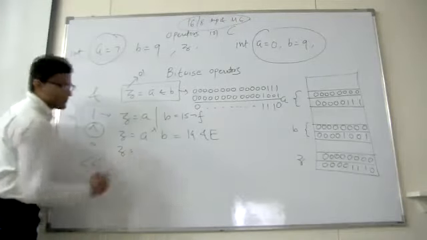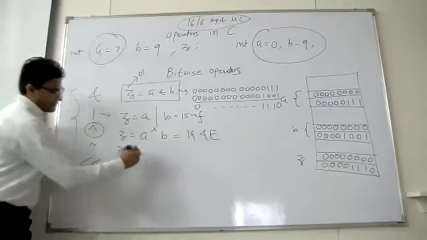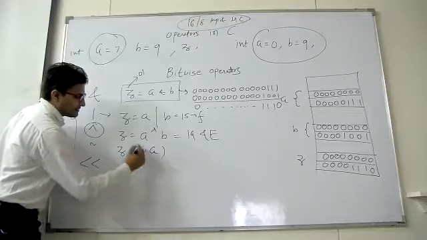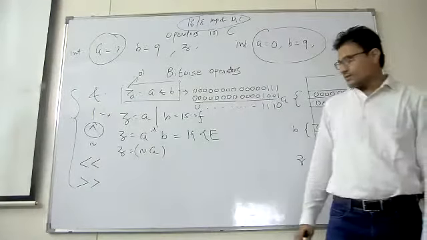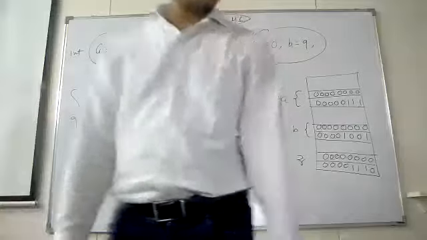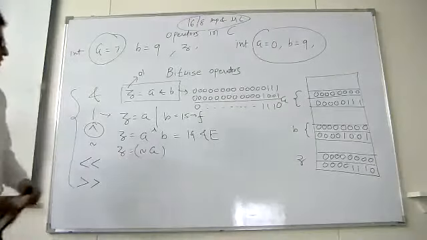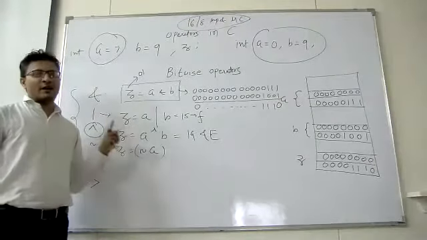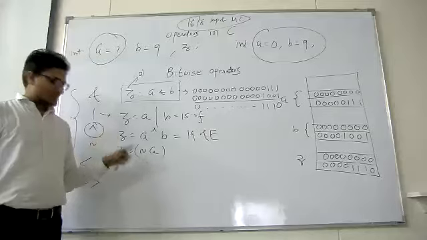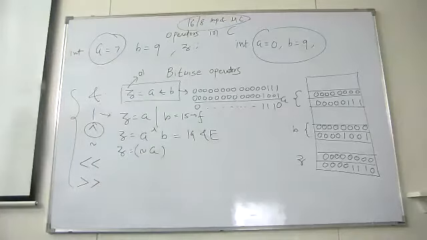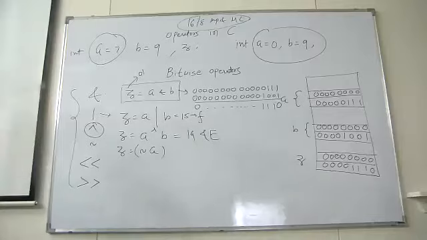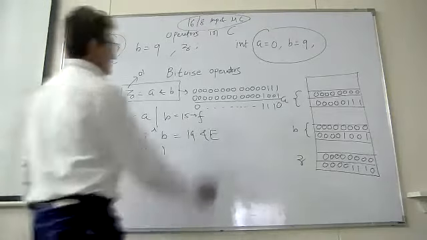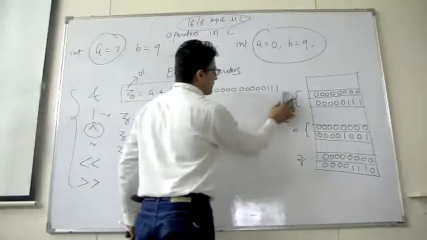Now Z is equal to NOT of A. Here you can do the NOT operation with only one operand. So only A comes into the picture.